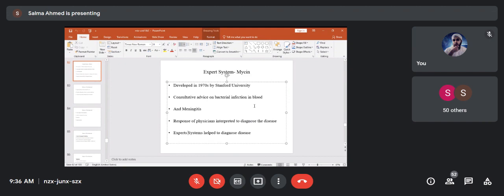This is how Mycin worked. It was developed at Stanford University in 1970 for consultative or expert advice on bacterial infection in blood and meningitis. The response of the physician was interpreted to diagnose the disease, and expert systems basically help to diagnose the disease. Now, how did it work? It is an interactive software.